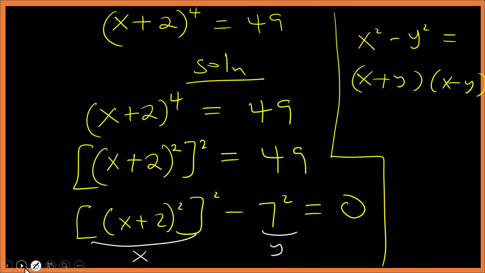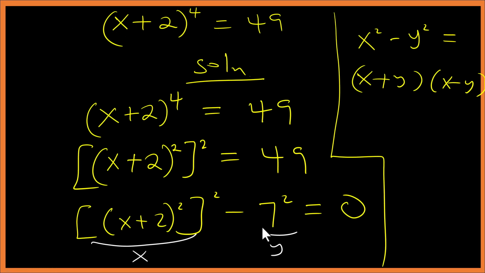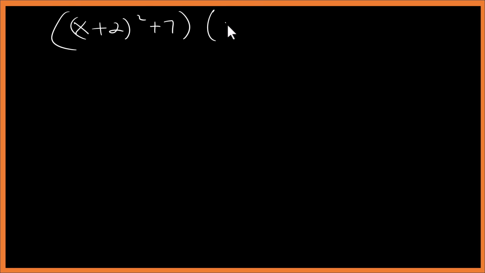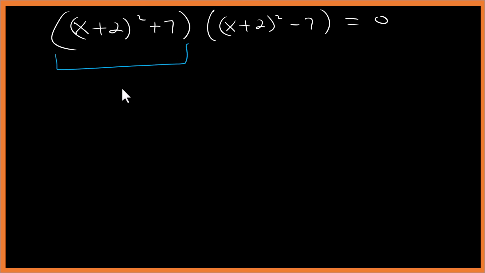So it will be (x plus 2 squared plus 7) and (x plus 2 squared minus 7) equal to 0. You can call this one I and this one II.